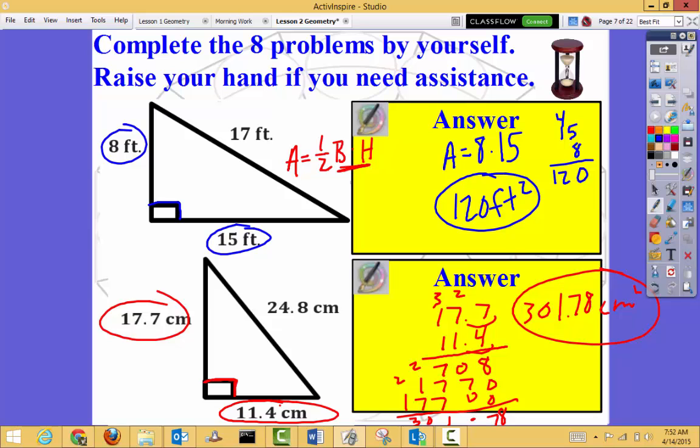Remember, right triangles is you're only taking half of a whole rectangle. So I now need to divide all of these by 2, so this will be actually 60 feet squared is the correct answer.